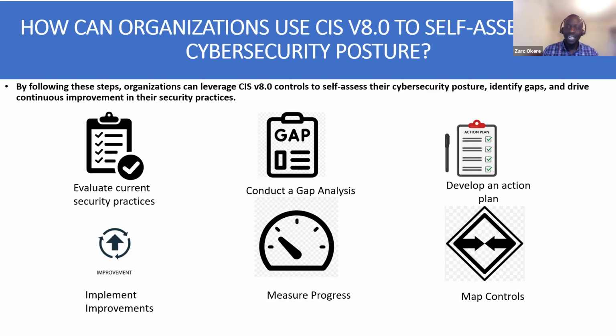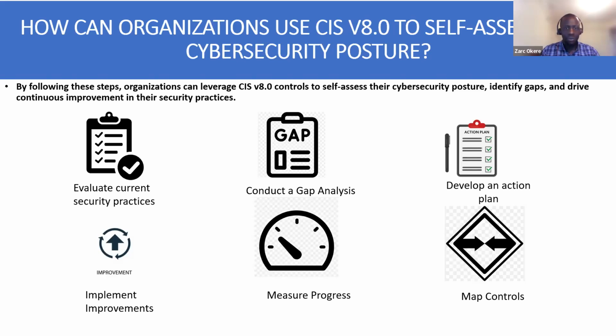Because as I said earlier, it's not a one-size-fits-all kind of thing. You need to tailor-make it to how your organization fits, which considers the size of your organization, industry-specific requirements, regulatory compliance needs, and any unique aspects of your system.